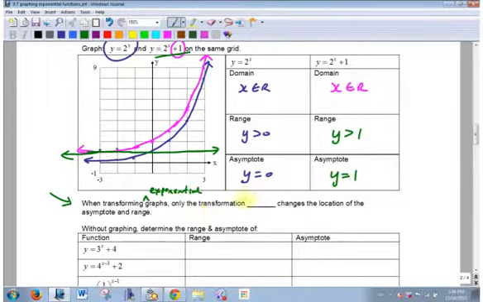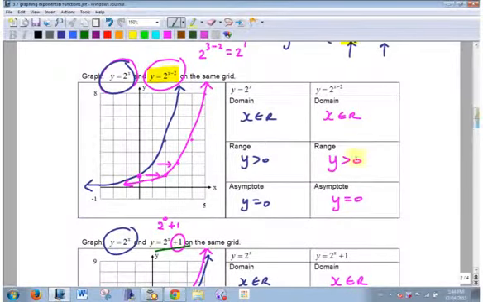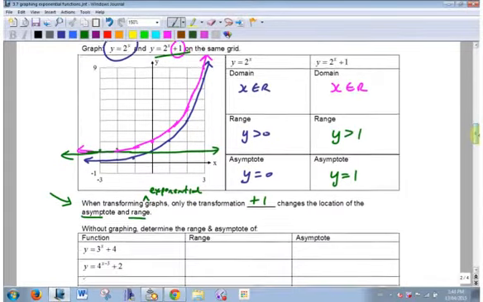Only the transformation here, 1 up, changes the location of the asymptote in the range. Okay, so just to emphasize, sliding it left or right is not going to change this. But graph it to see.